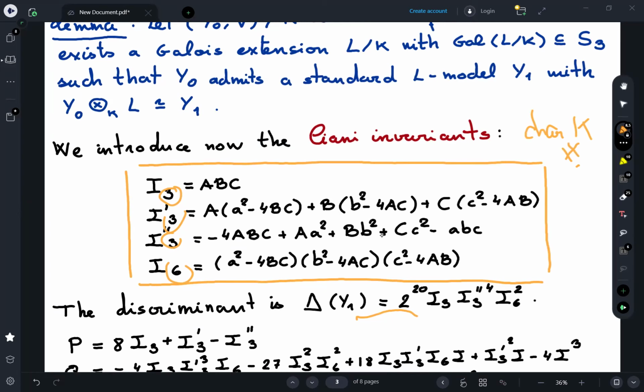You can think about any field, but very soon I'm going to be working all the time over Q_p, because basically I'm going to be thinking about my curve defined over Q or over a number field, and then I'm going to do the reduction modulo p.